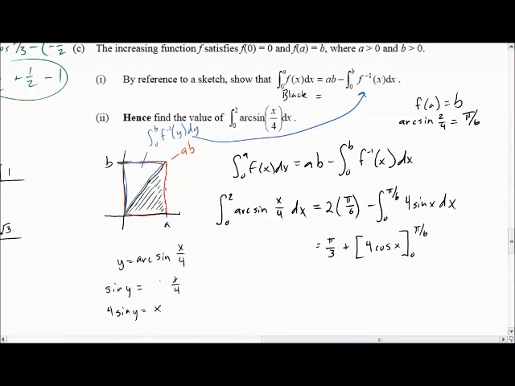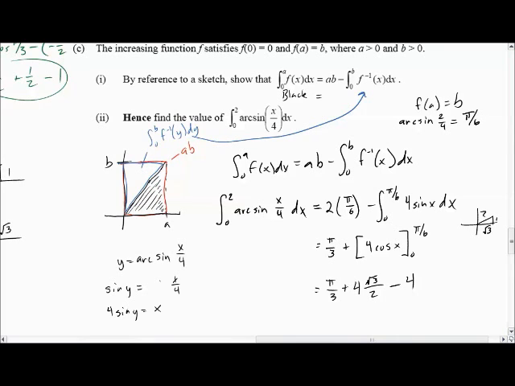If I put 0 in for x, then I get cosine of 0, which is 1. So we'll go pi over 3 plus, I should put the pi over 6 in first. If it's pi over 6, then that's root 3 over 2. So 4 times root 3 over 2 minus, and then 4 times, as I mentioned before, put the 0 in and you get 1, so minus 4.